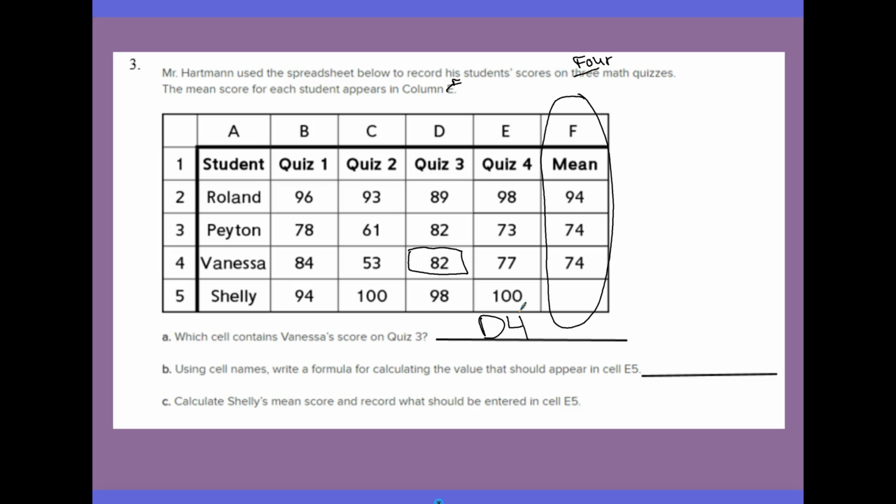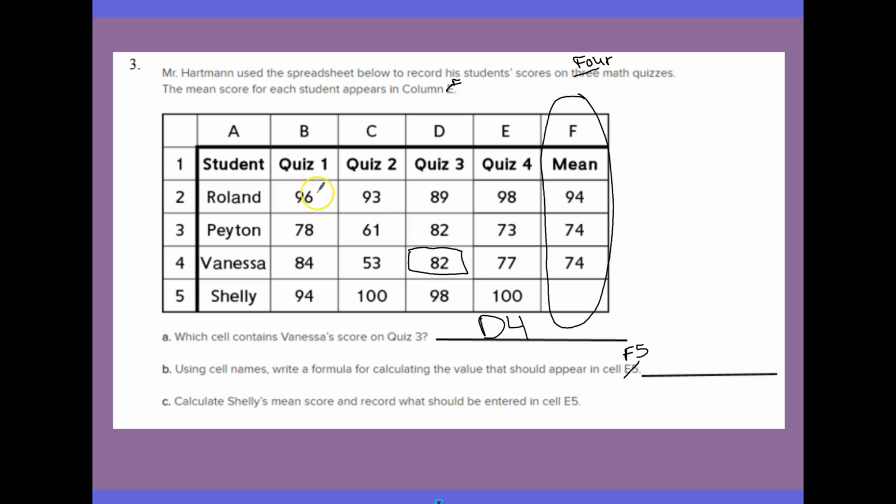And then it says, using cell names, write a formula for calculating the value that should appear in F5. So we want to figure out a formula for what should appear here in F5. If I want to find the mean, which means the same thing as an average, I'm going to add up all the scores and divide by how many there are.